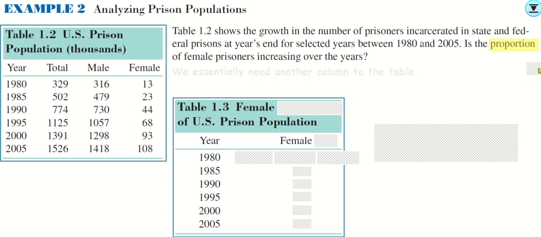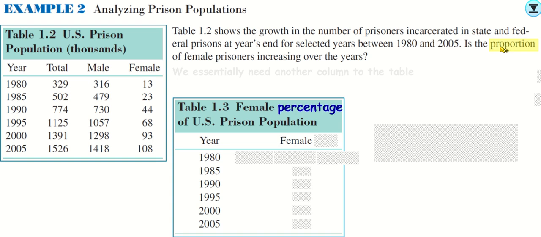So that means we essentially need to add another column to the table. Down here in table 1.3, we'll do the female percentage, which is basically the proportion. It's the same thing essentially. Is the female percentage increasing?